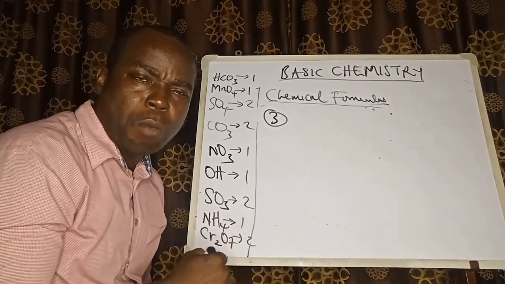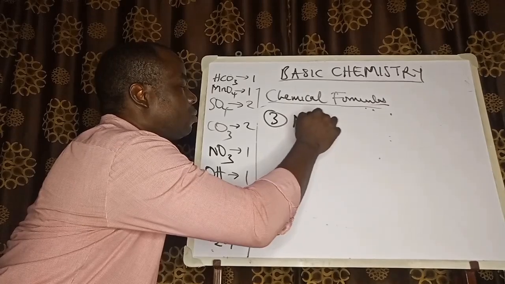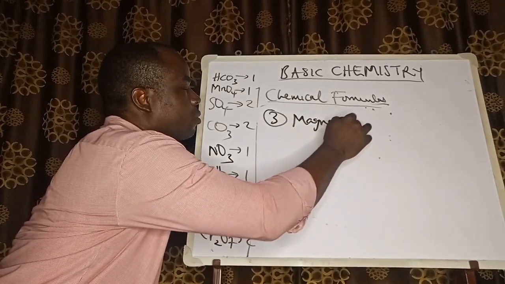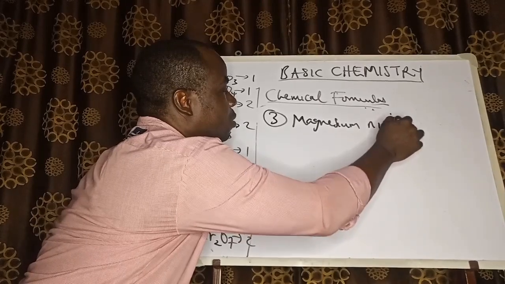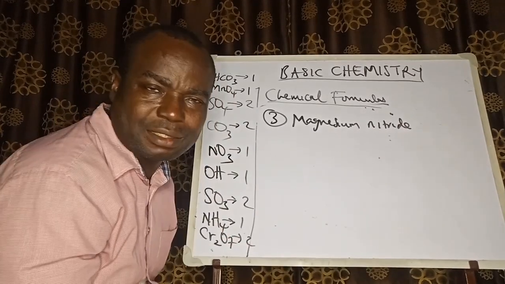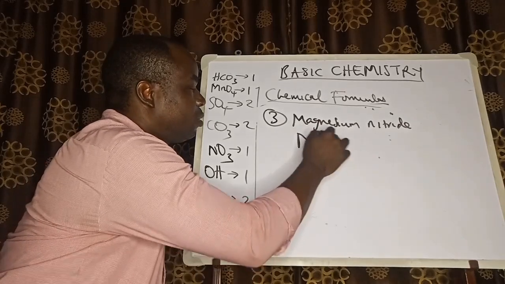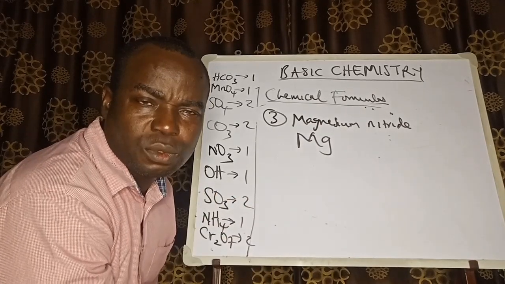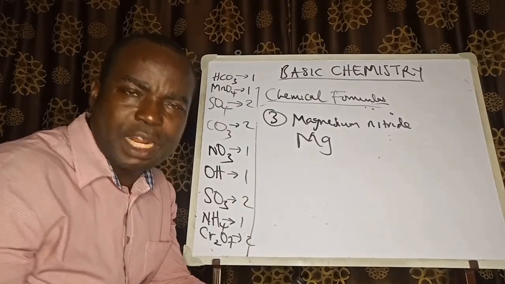We pick another one very quickly. Let us pick magnesium nitride. What is magnesium? Mg, right? What is nitride? Nitride is from nitrogen, so it's the same thing as nitrogen.